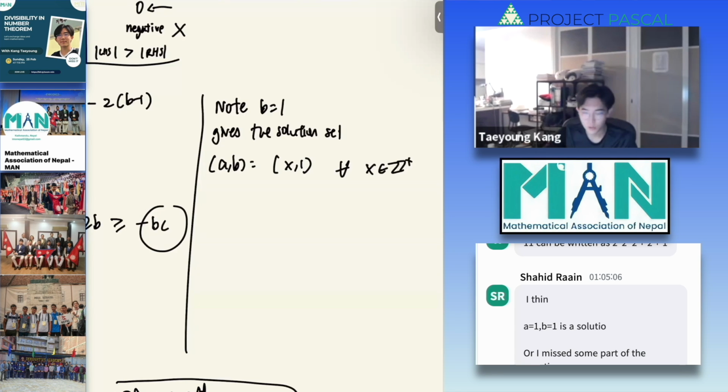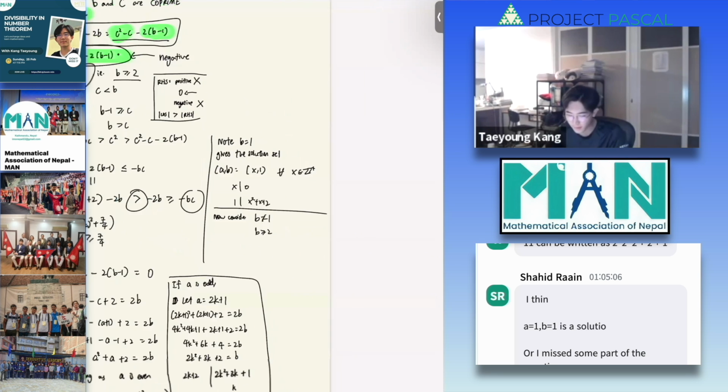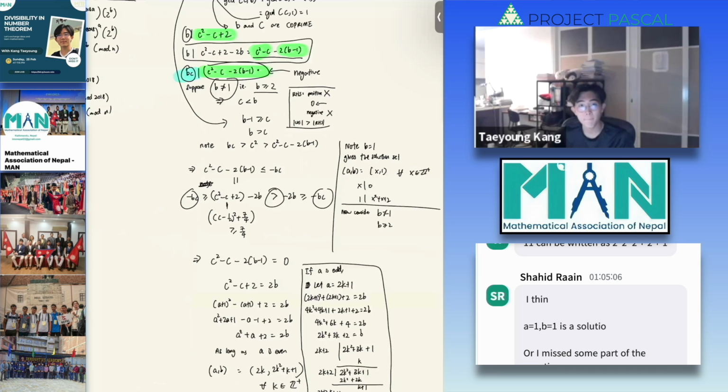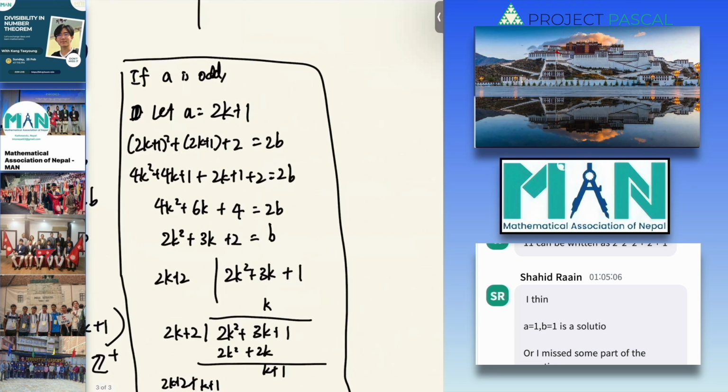And that's obviously true because x divides 0 and 1 divides x squared plus x plus 2, right? So after this, we just state: now consider B not equal to 1. So B is at least 2. And then the rest of the proof works. Yeah, let's proceed.